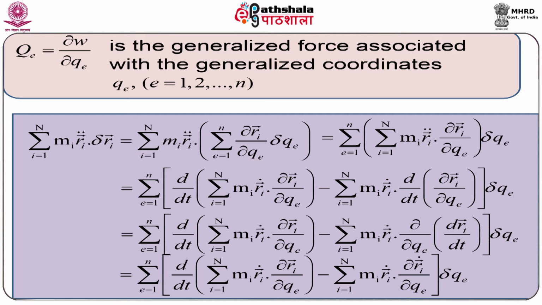Differentiating this, we get summation over i of mi Ri vector double dot del Ri vector by del qk. This is given here. Again, keeping this one fixed and differentiating this term, we get summation over i of mi Ri vector dot d/dt of del Ri vector by del qk, which has been subtracted here.